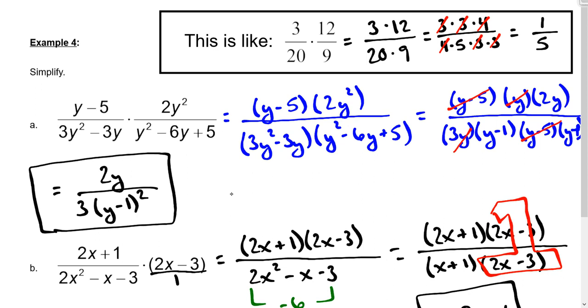It's way better to write it out in factored form and then realize that like factors are being reduced to 1 and things don't just magically disappear in algebra. So you should have plenty of time to get lots and lots of practice with simplifying rational expressions using multiplication.